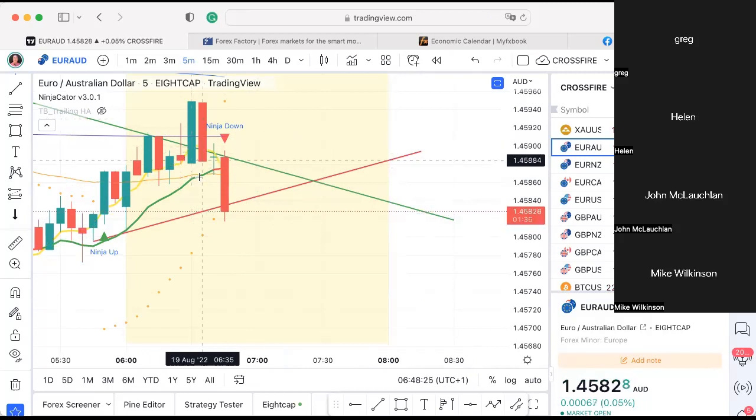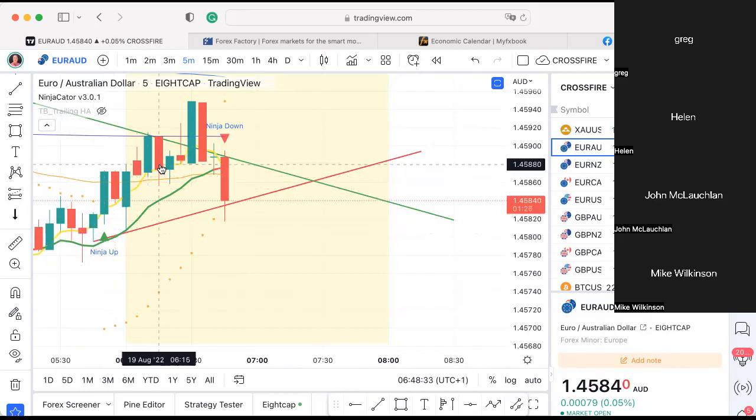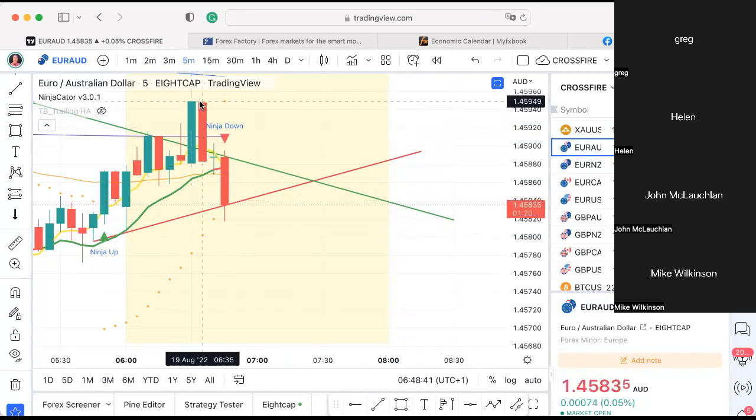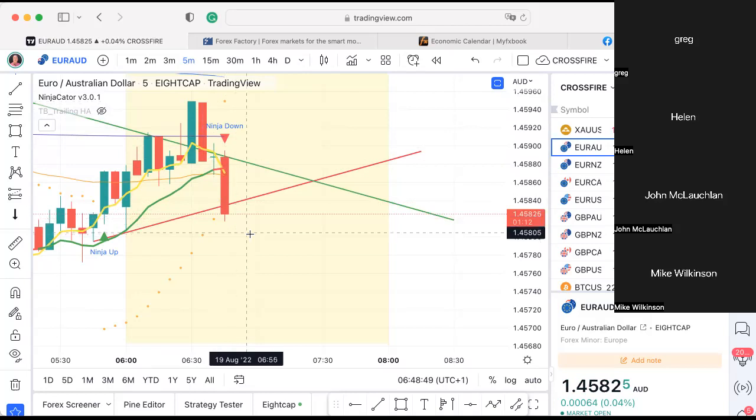If you're on these sessions regularly, you'll notice that price was in a ninja up from just before 6 o'clock, and it was heading up, and it popped its head above the green line, and it looked as if it was heading north, and then it immediately turned back down again, and we're actually back in the opposite situation to what we might have thought we were going to be in.